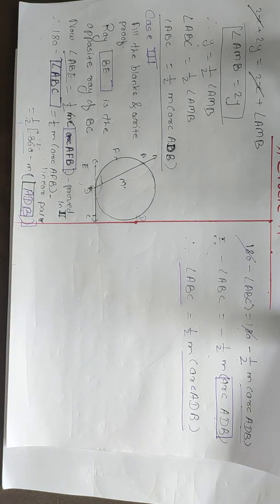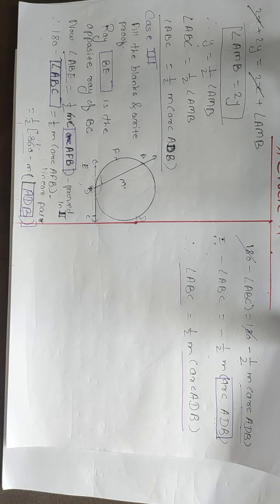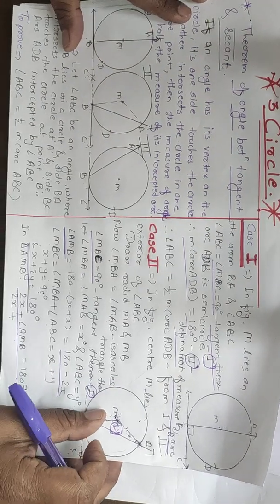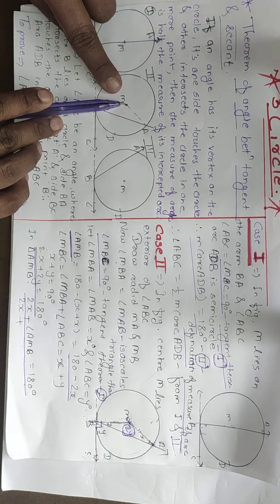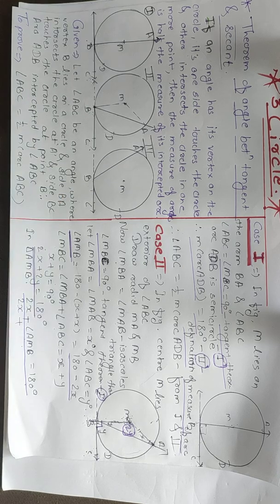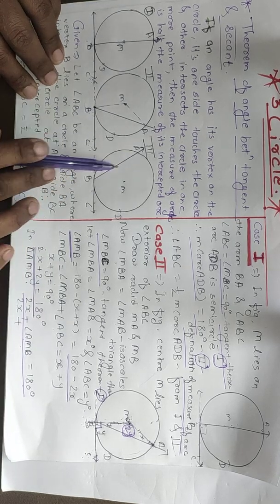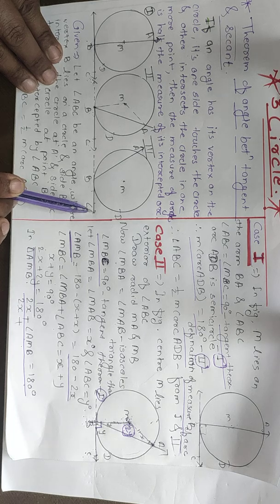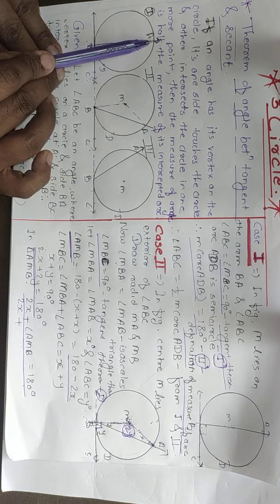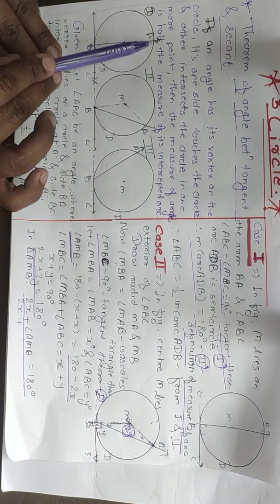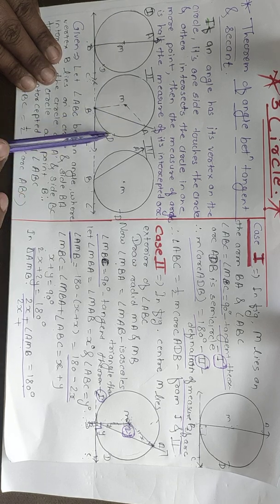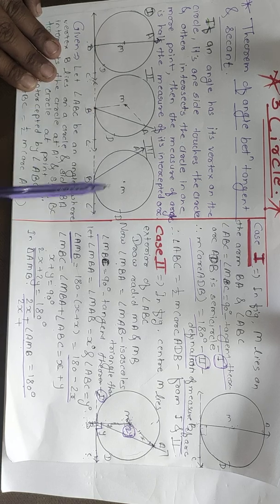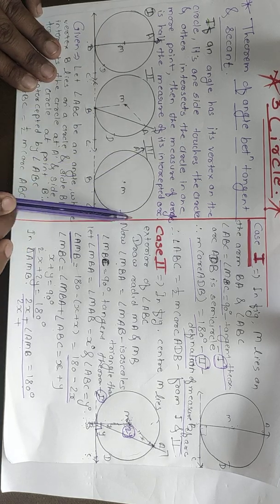So in this way we showed that in three cases, if the center of the circle lies on the arm of the angle, or the center of the circle is exterior to the angle, or the center of the circle is interior to the angle, then in each case angle ABC is half the measure of arc ADB.